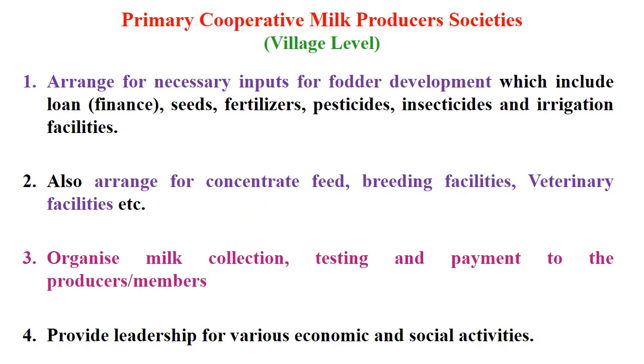Now briefly we will understand how this three-tier cooperative operation takes place. The first one, the primary cooperative milk producer societies at the village level, how they operate: they arrange for necessary inputs for fodder development, which include loans, seeds, fertilizers, pesticides, insecticides and irrigation facilities. So all these facilities are given to the dairy farmer for better milk production. Similarly, they also arrange for concentrate feed, breeding facilities and veterinary facilities, that is healthcare, feed and breeding support.